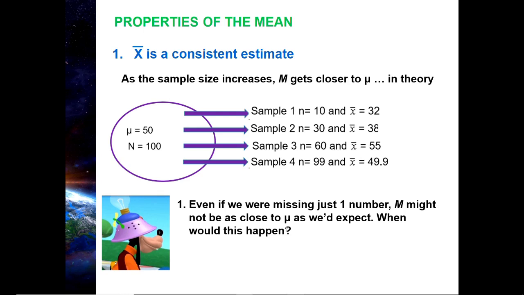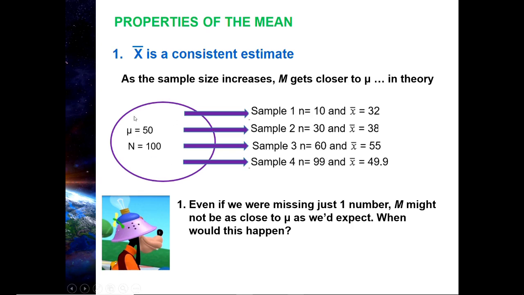So let's say all the scores in our population are between 1 and 10, okay? Except for one person's score, which happens to be 1,000,000. So paint that picture in your head.